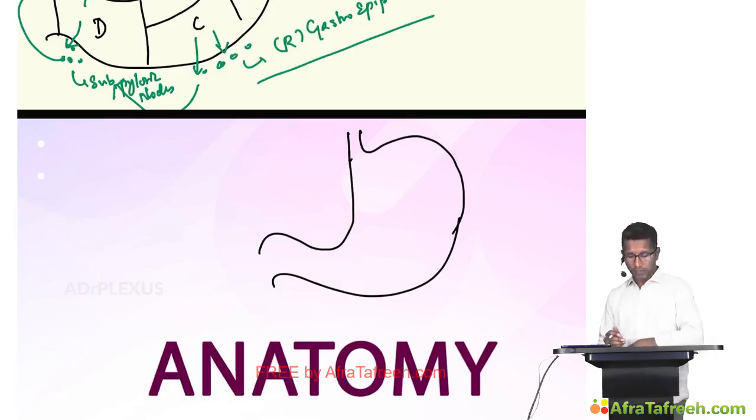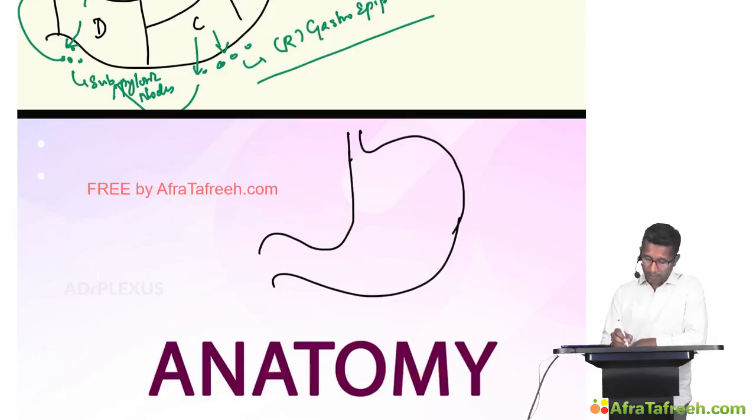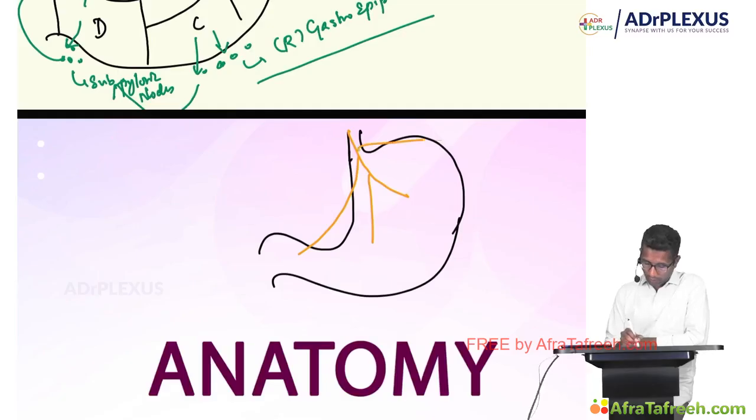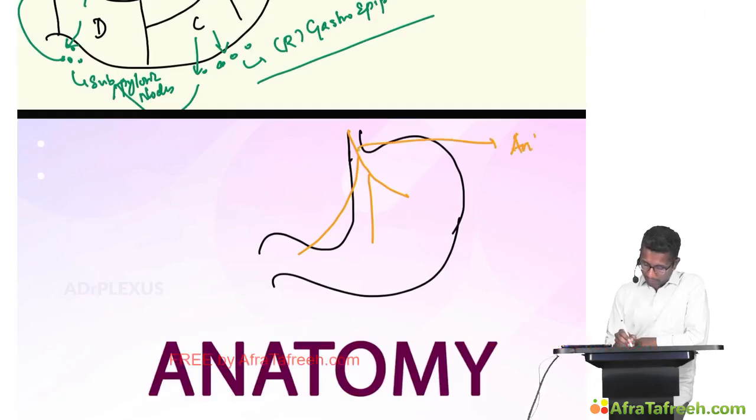When you see the anterior surface of the stomach, you can see a nerve which is supplying it, and that also gives a branch to the pylorus. This anterior part of the nerve is called the anterior vagal trunk.